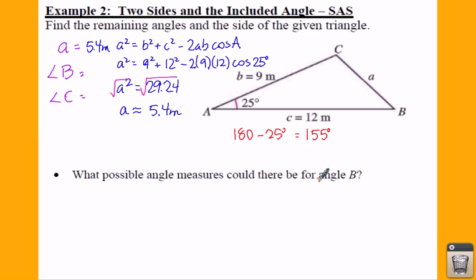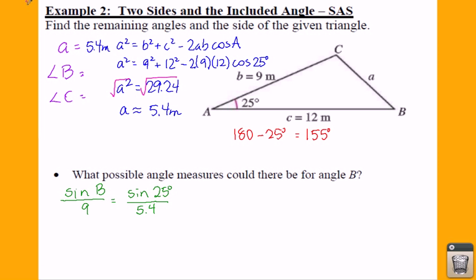So let's look at just using our law of sines. And if we're trying to find B, we can say the sine of B over side B, which would be 9, is equal to the sine of A, which is 25 degrees, over side A, which is 5.4. So if we solve this equation, I'm just going to multiply both sides by 9.